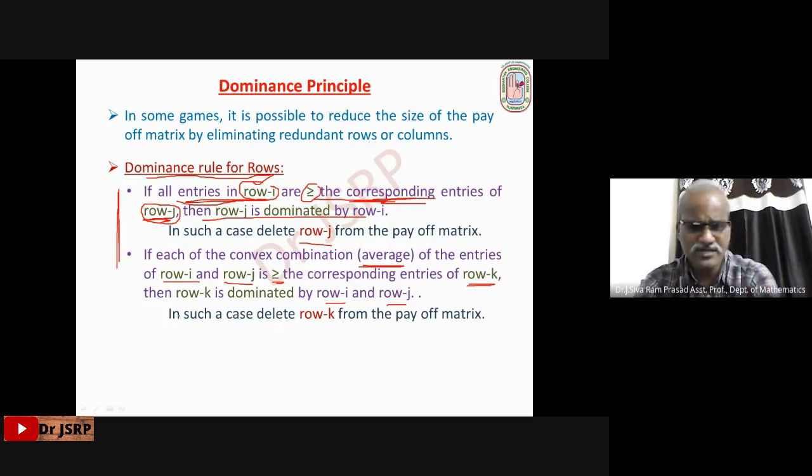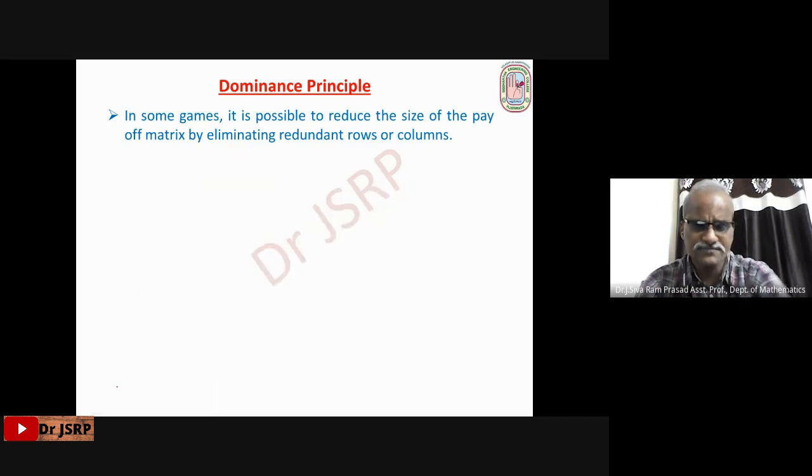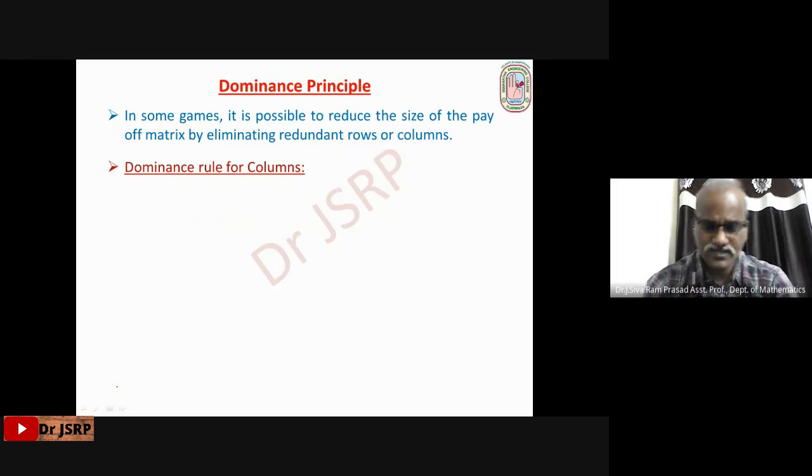Similarly, we have the dominance rule for columns, that is for player B. What is the nature of player B? Player B is a minimax player. That means he tries to minimize his maximum losses. So he always tries to select the strategy for which the payoffs are less compared with the other payoffs.